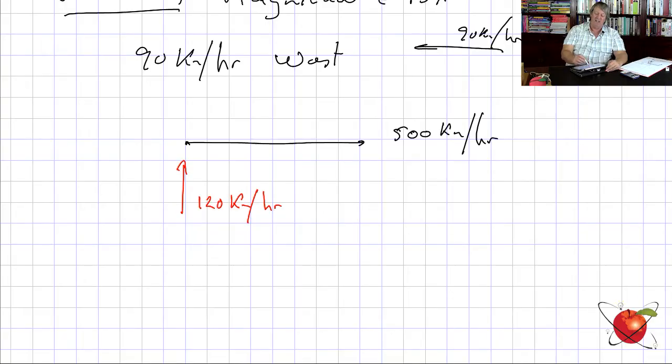Can you see? What are we heading for here? We're heading for, once again, resolving resultants, okay? Components. They're all going to come into this as well. But we'll get there. So this aeroplane is going to be flying, where's my green? It's going to be flying that way. Because what would we do? We would put the red 120 there. And we would find the green, which is the resultant.